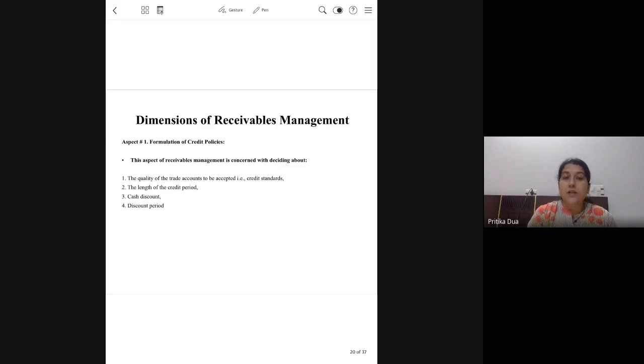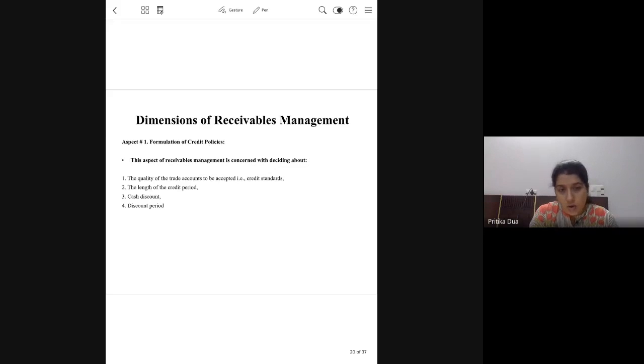Then third is cash discount. What is cash discount? If a debtor makes the payment on the debt before the expiry of the credit period, then some discount can be offered on the cash payment. That becomes a cash discount.